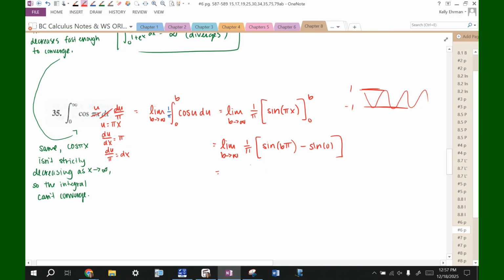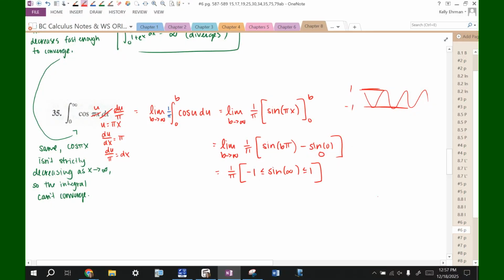So we're getting this value that's like 1 over pi times some value between negative 1 and 1. And so I'm not getting down to a finite answer.